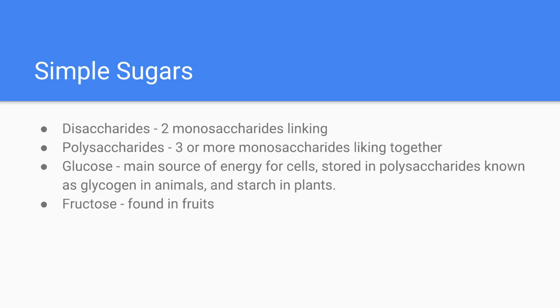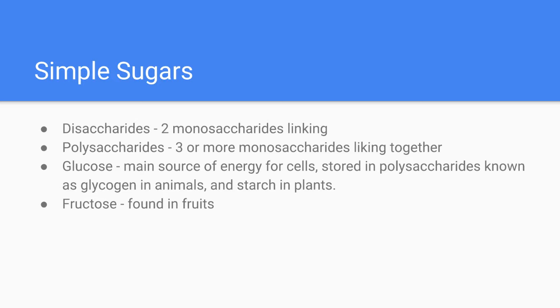Here we cover 2 very basic monosaccharides, which are glucose and fructose. Glucose is, as I said earlier, the main source of energy for our cells. In humans, it is stored in polysaccharides known as glycogen, and in plants, it is stored as starch. And fructose is found in fruits, is what the fruits produce.